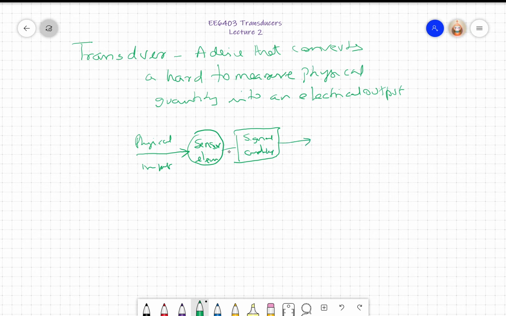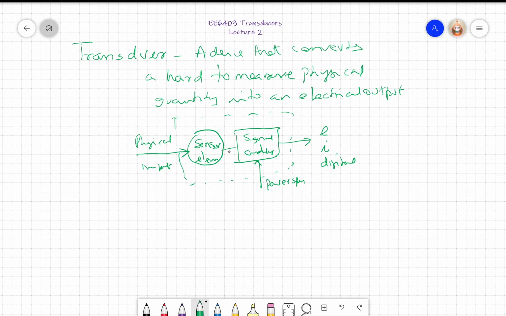You get an electrical output, either an EMF or a current. It can be even a digital output. And the signal conditioner requires a power supply. So we have this as the transducer.